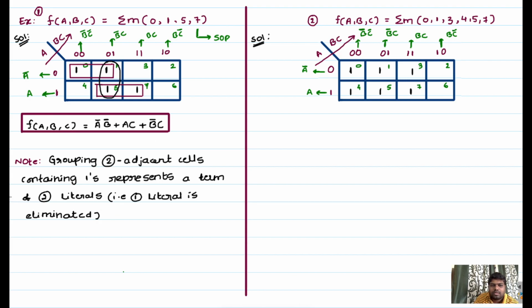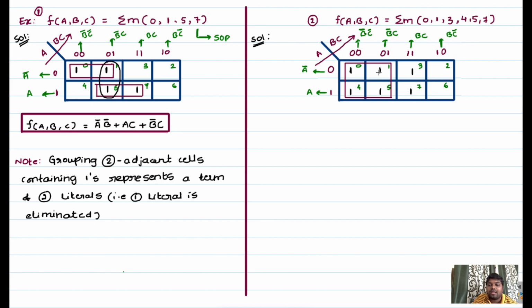So now I am grouping four adjacent square boxes which contain ones, which represent a term of 1 literal. Already I gave this statement in the beginning. By grouping four adjacent square boxes which contain ones, the resultant expression has 1 literal, that means two literals are eliminated. So this is one possibility.